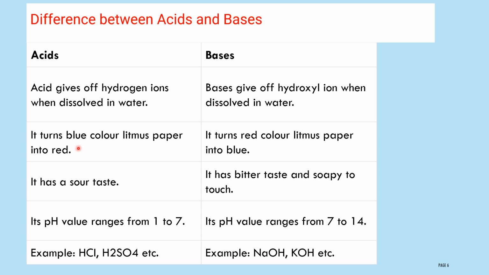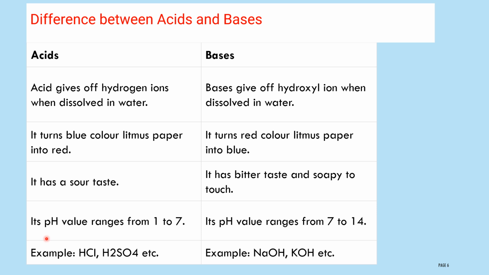Second one, acid turns blue litmus paper into red. Base turns red litmus paper into blue. Third difference, acids are sour in taste. Bases are bitter in taste and soapy to touch.